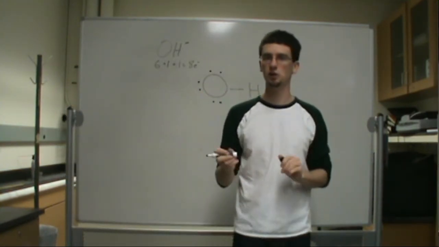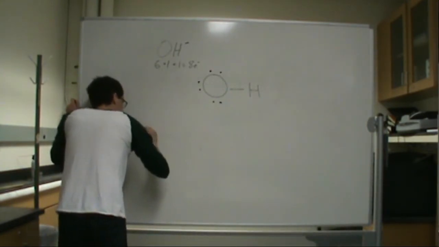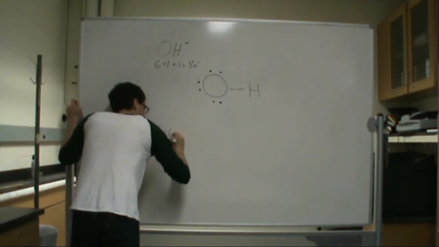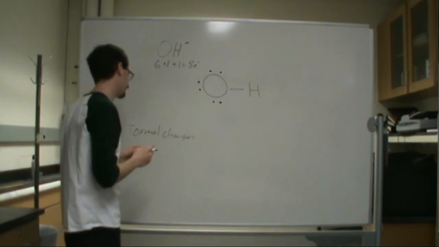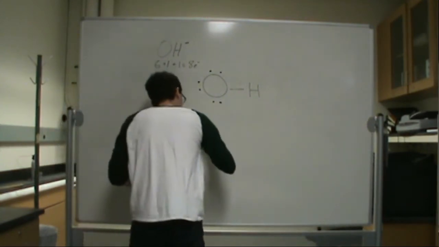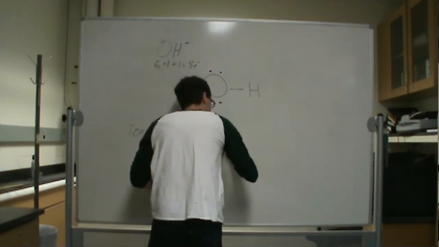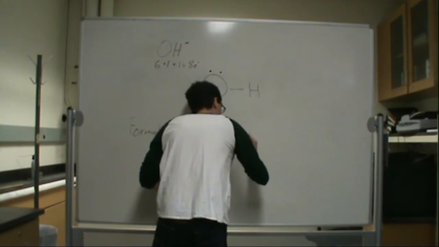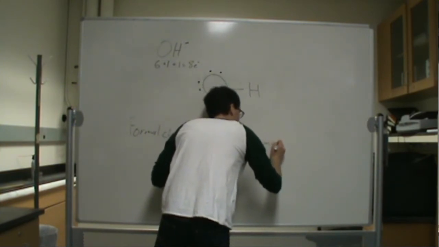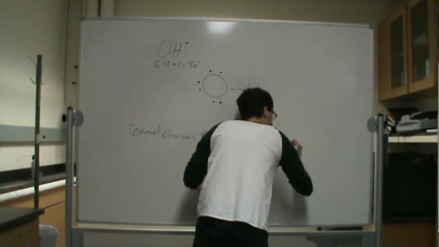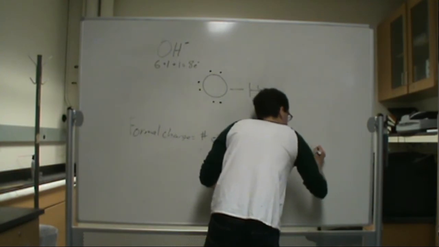Now what is formal charge? Formal charge is equal to the number of electrons of the neutral species minus the number of electrons the atom has.